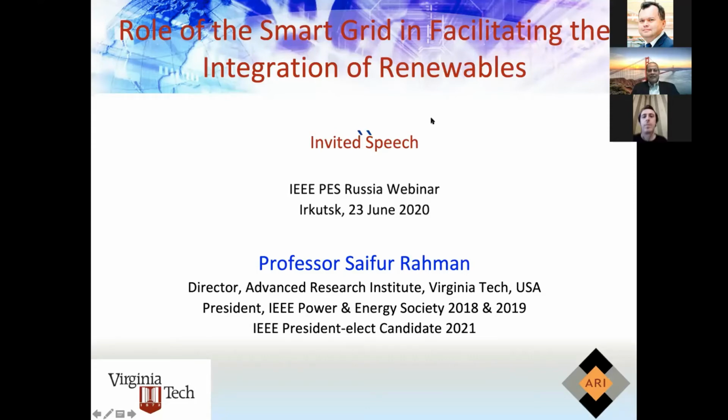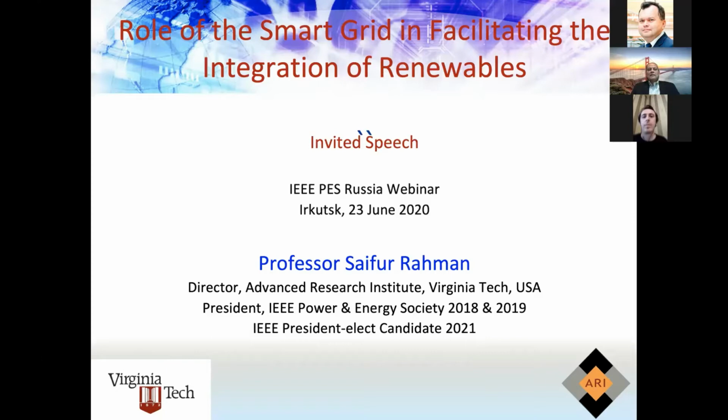Let me first say a few words about our famous guest. Professor Rahman was IEEE president, a very well-known position in IEEE, and he is currently the IEEE president-elect candidate for 2021.